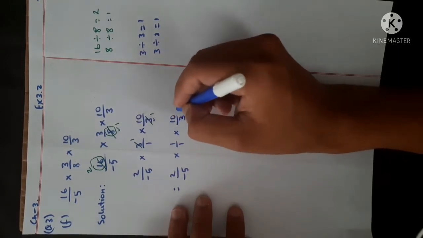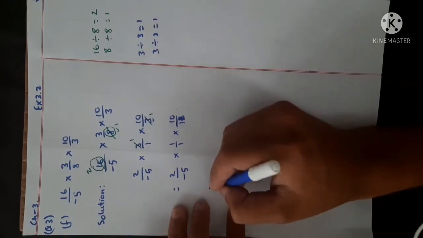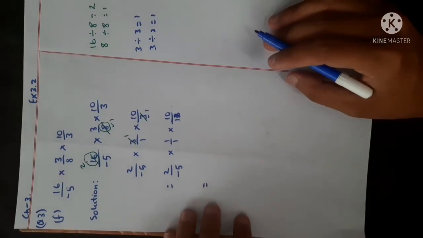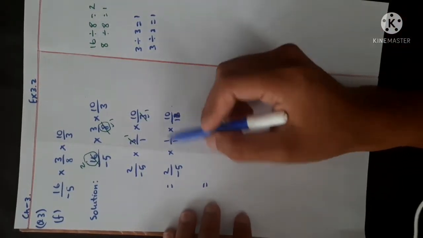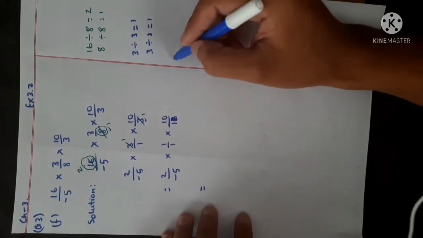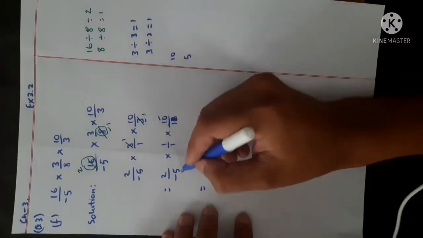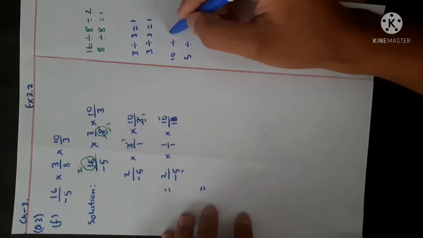So this becomes 2 by minus 5 multiply 1 by 1 multiply 10 by 1. And here we also see that between this 5 and this 10, there is a common divisor, and that common divisor is 5.